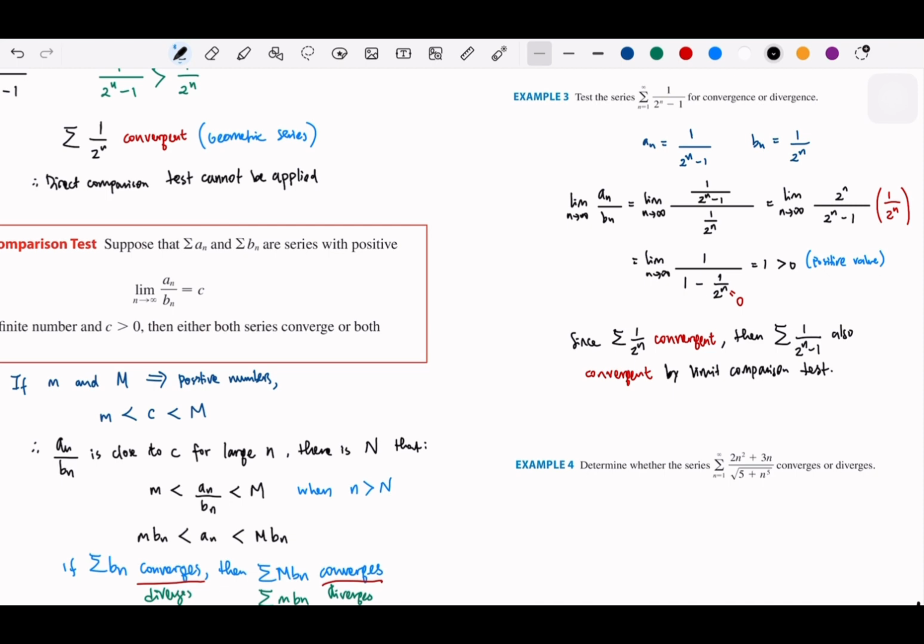And I think compared with the direct comparison, the limit comparison will work for anything that can be easily compared, and usually it will be mostly a fraction. It will be a fraction.